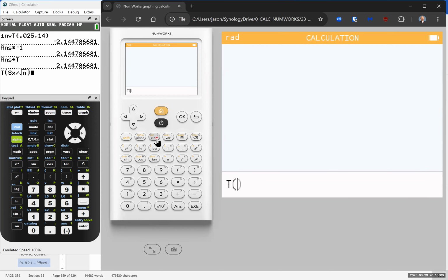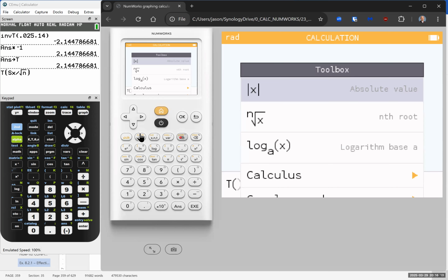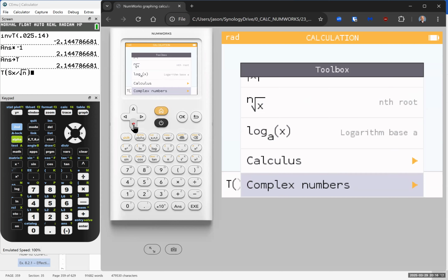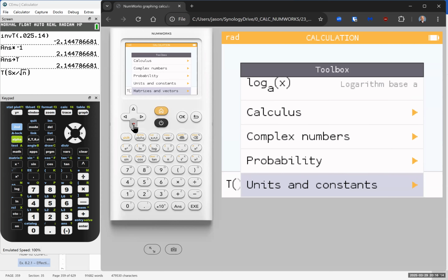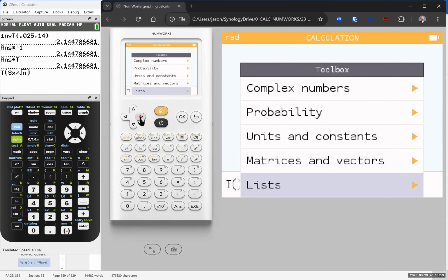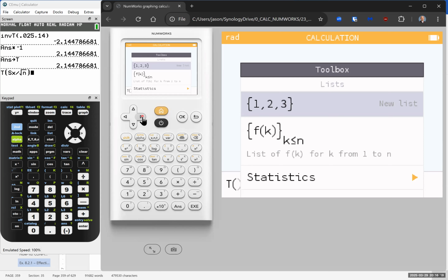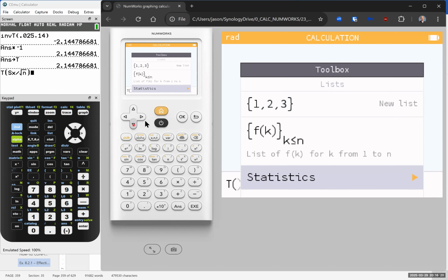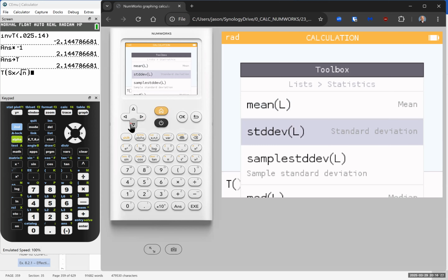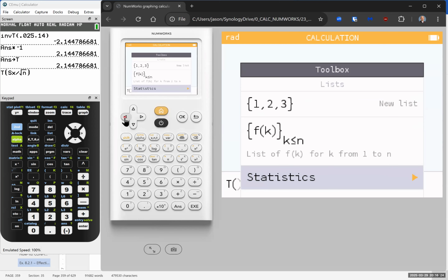Okay, I know there's a way to do this. Let me look at toolbox. And let's go to... nope, that's not what I want.